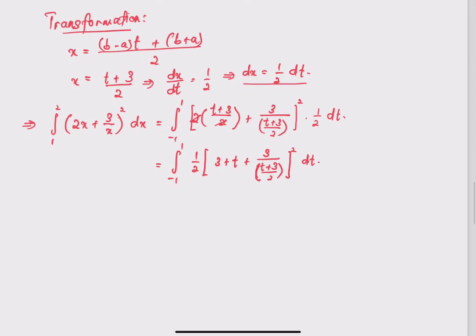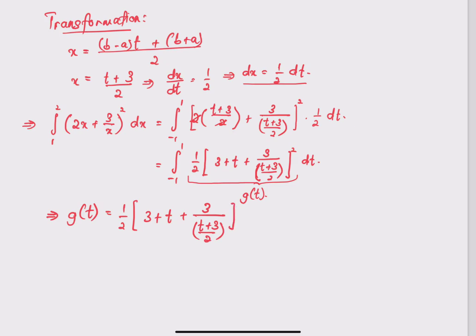So by looking at this integral after the transformation of coordinates, we know that this one is our g(t). You can write here that g(t) is equal to half multiplied by (3 + t + 3) divided by ((t + 3)/2) squared.